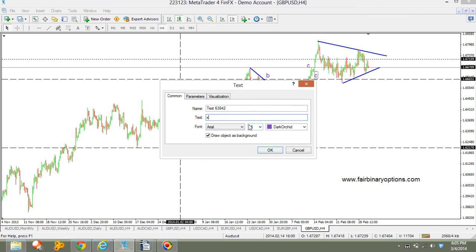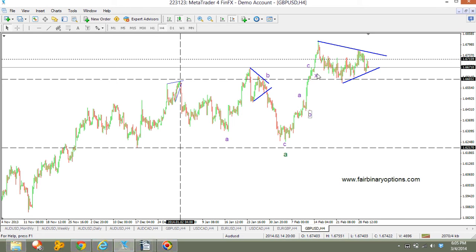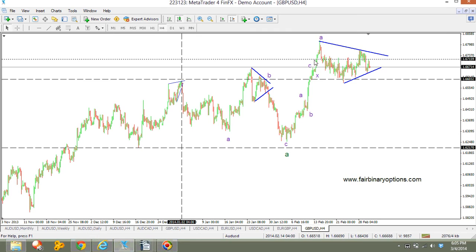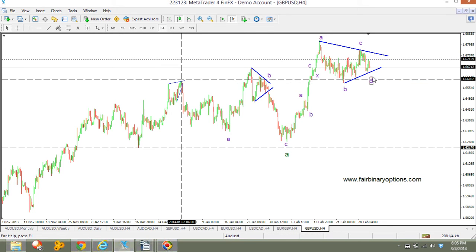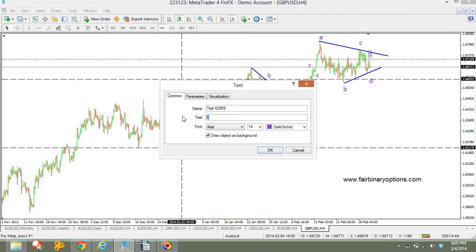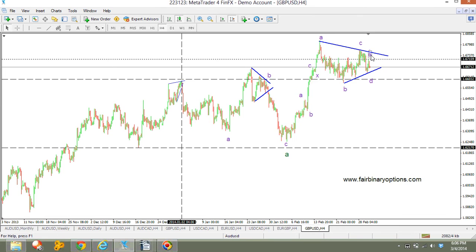So A, B, C, X. And then just like that, we should look for a wave A to the upside, a B wave to the downside, a C wave here to mark the triangle, a D wave to mark the lows, and of course A, B, C, D is always followed by an E wave here, and this is A, B, C, D, E, and this would be only the end of a B wave of this degree, so A and B.